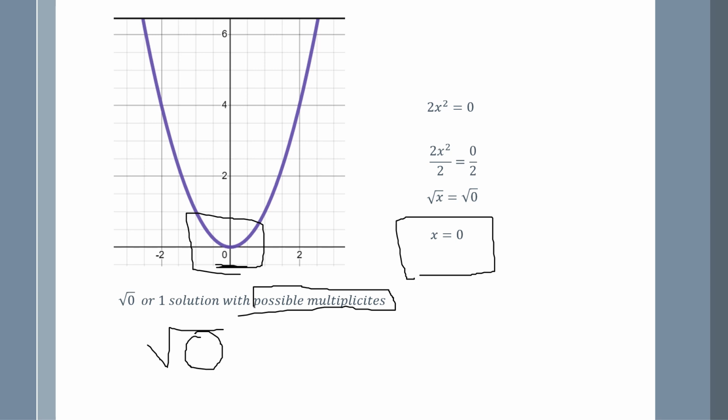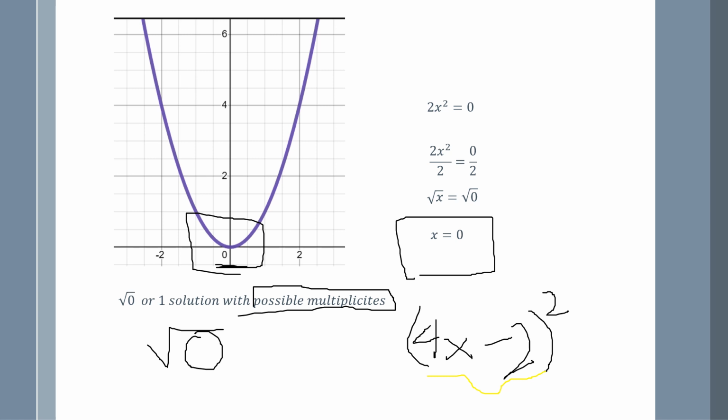So when you have something like (4x minus 2) squared, when you solve the inside, that's just going to tell you where the graph is going to touch. It's going to touch wherever that value is when you solve it. So it's not going to touch 0, it just means you're going to have one solution.